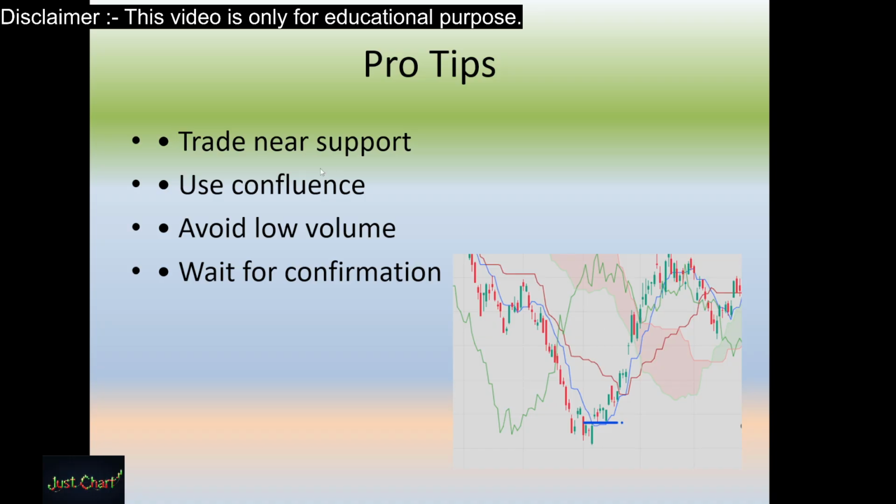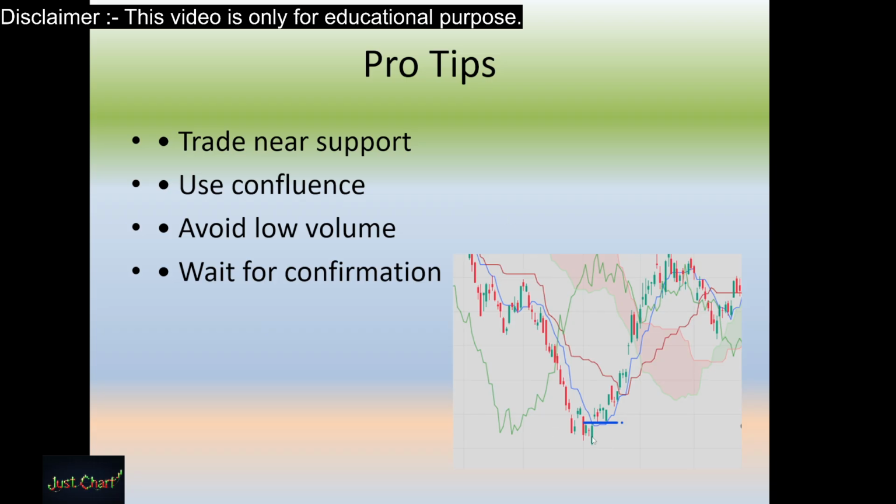Tips: trade near support. Once you have the confirmation, the price opens, and even on the second day it touches here and bounces back. On the third day the price is not going below, so here you can trade near this particular support. Use confluence and avoid low volume.